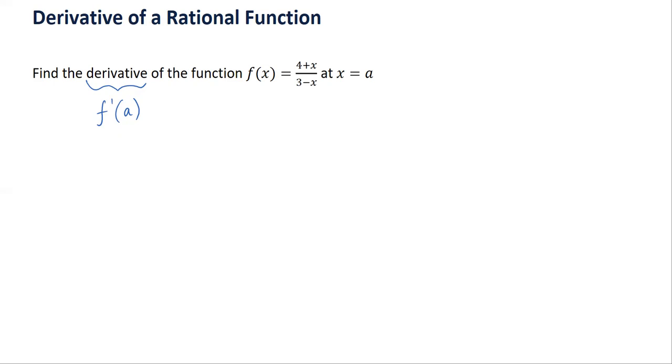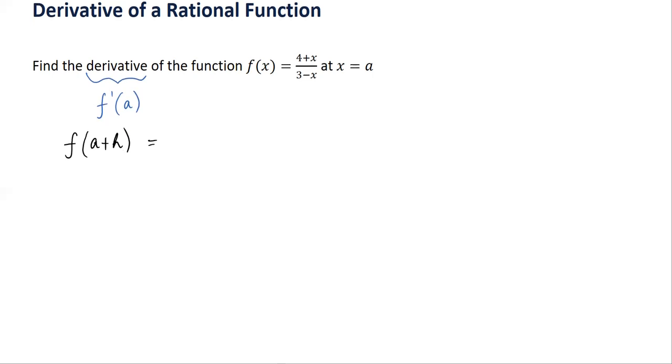Okay, let's start. Because it's a rational, I'd like to first get these terms simplified if I can. F of a plus h is 4 plus, wherever you have x, put in those shells and replace your x with a plus h.